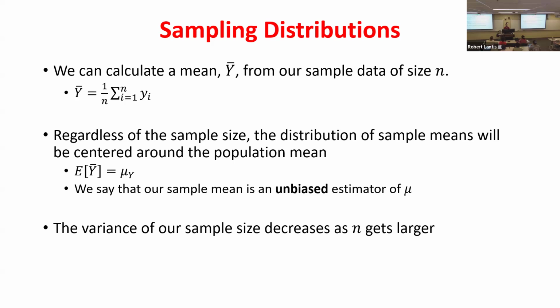Well, what happens if I still end up selecting someone who's making millions of dollars, but I've got a sample size of 1,000? Well, the other 999 people probably aren't millionaires. So when I take samples of larger sizes, it's less likely I'm going to see an average in the millions, right? I'm more likely to get values that are closer to the mean. And so the higher the sample size I take, it's less likely I see these extreme outliers.